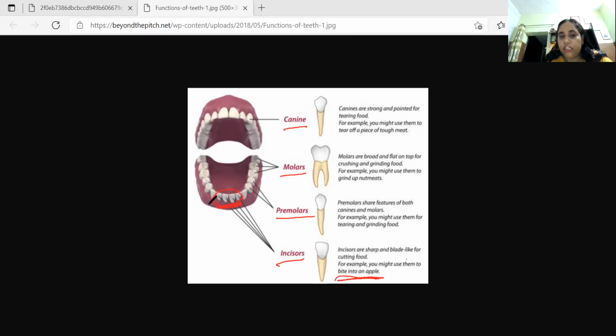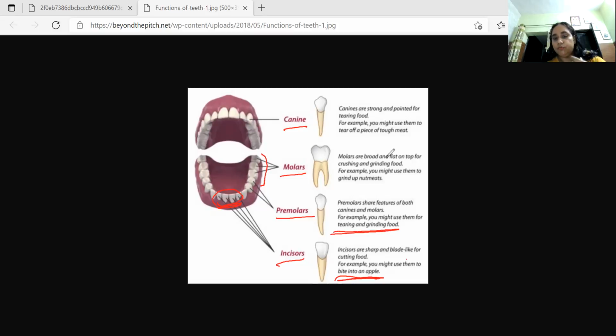If we talk of the lower jaw, you have four teeth, then you have premolars. The function of these premolars is that you use them for tearing and grinding of the food. After the premolars, you have three molars. These are basically broad and flat, and they are at the back, so they are for grinding up the food.